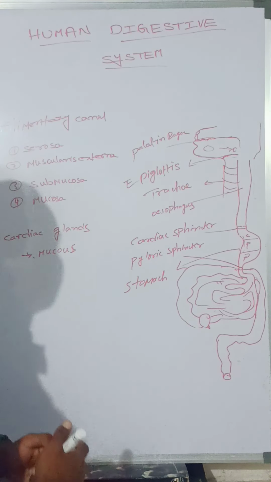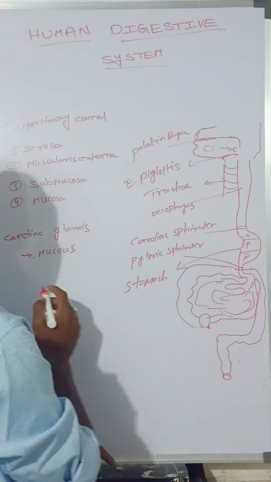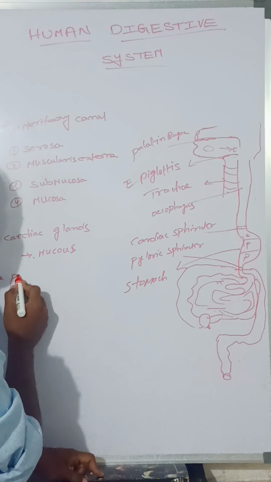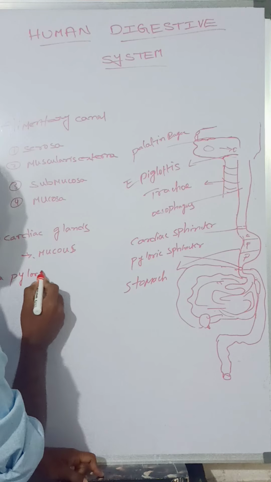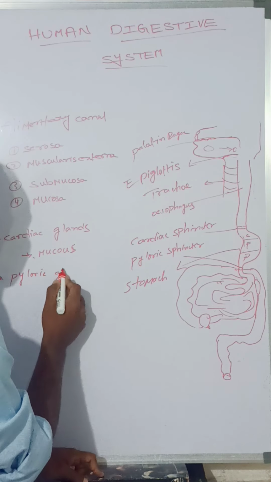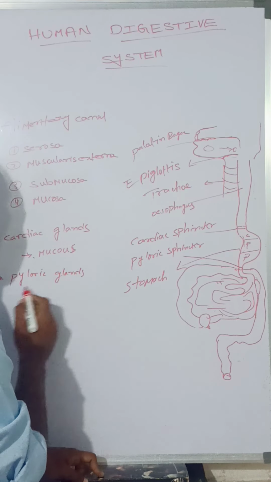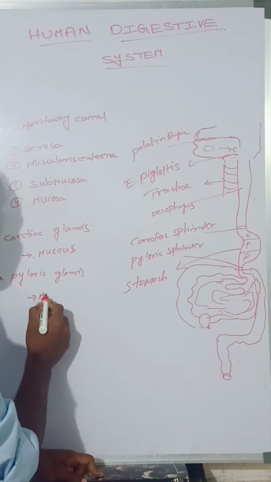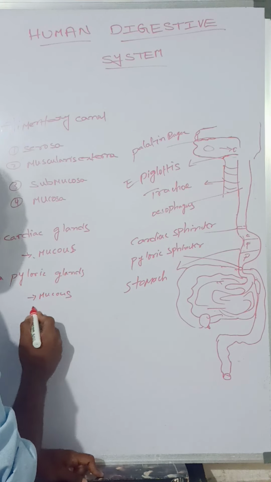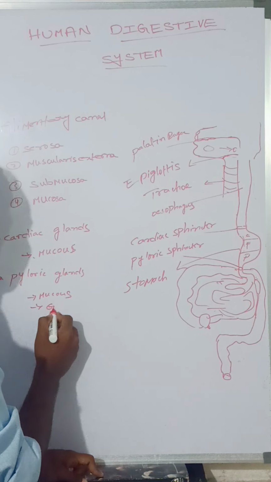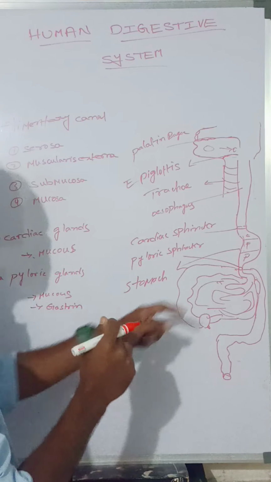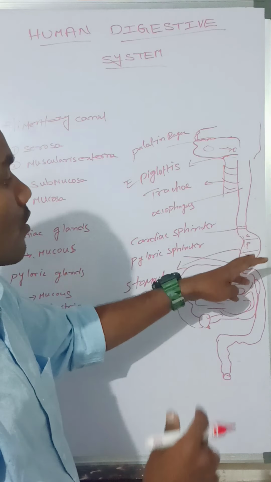Next, the pyloric region. The glands present in the pyloric region are called pyloric glands. These also secrete mucus and a hormone, the hormone called gastrin.